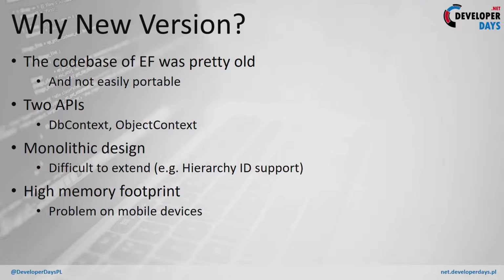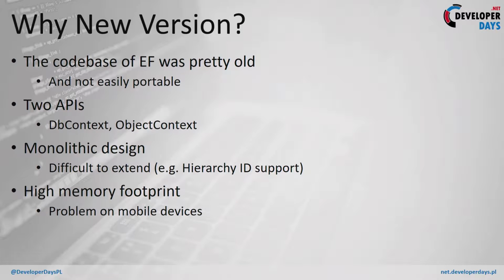I know many people who wanted the hierarchy ID support in Entity Framework, and someday some branch appeared on their GitHub, or at that time it was Codeplex. So somebody implemented this feature, and if you look at the change set, there are a very large number of changes, and there are some switch statements, there is switch column type, and they had to add a new branch.